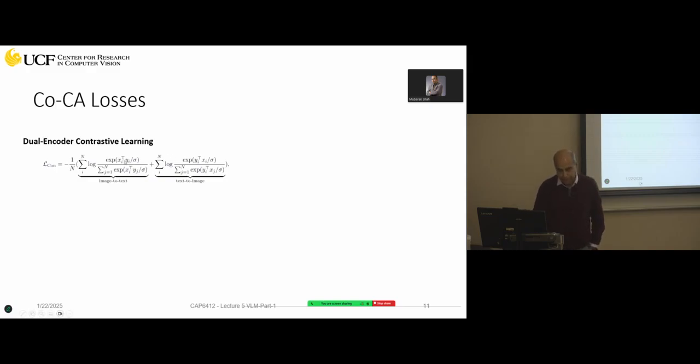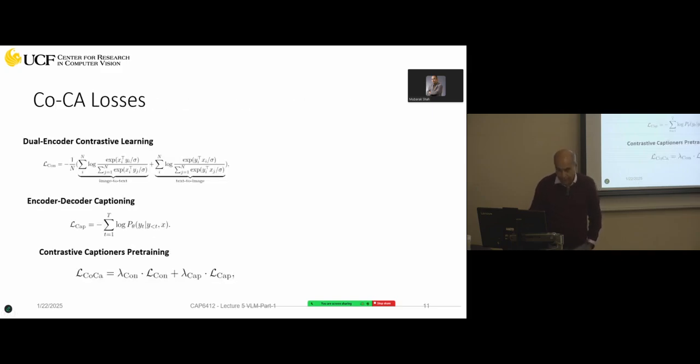Basically the dot product is the cosine similarity. Then the captioning is very simple: predict the next word. Given the words up to t-1 and given an image, where Y is the text and X is the image, what is the probability of the t-th token Y? We take these two losses, weight them with some constants, combine them, and train the system like that.